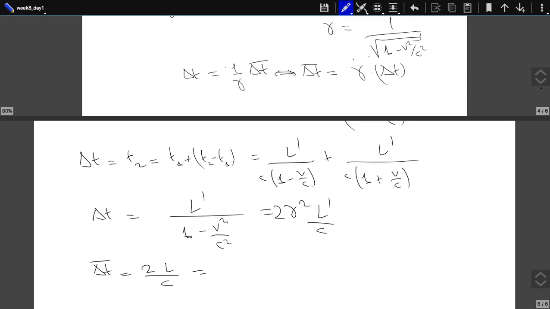So what is wrong? We had said before that delta t bar is gamma delta t. So here we have delta t bar equal to 2L over c, which should be gamma times delta t, which is twice gamma cubed over c times L prime. So apparently there's something wrong. What is wrong in our derivation?